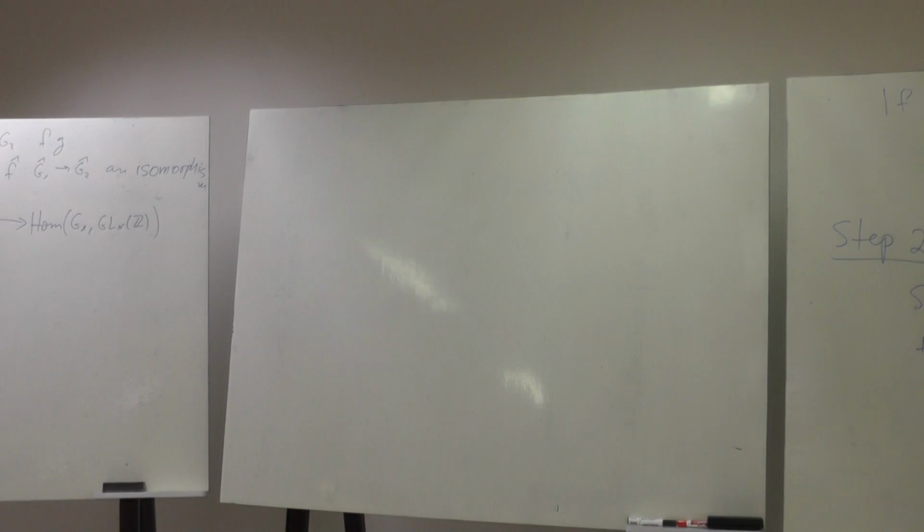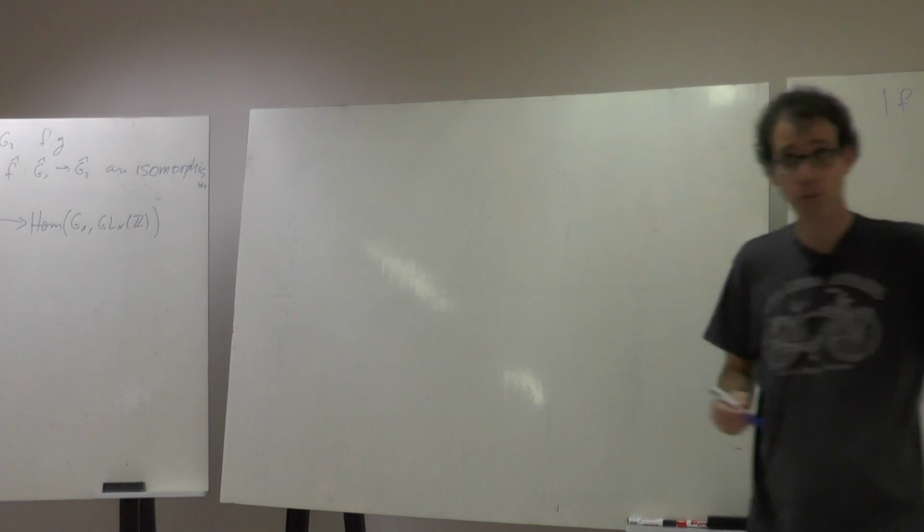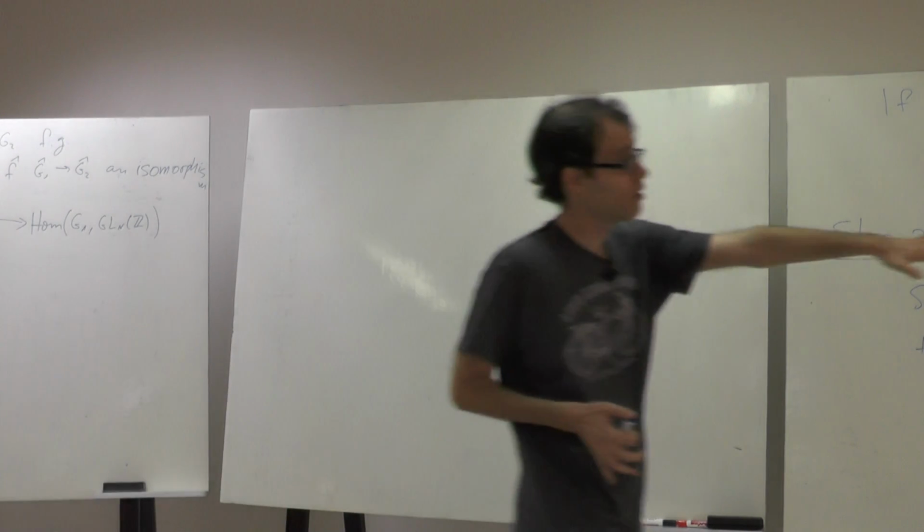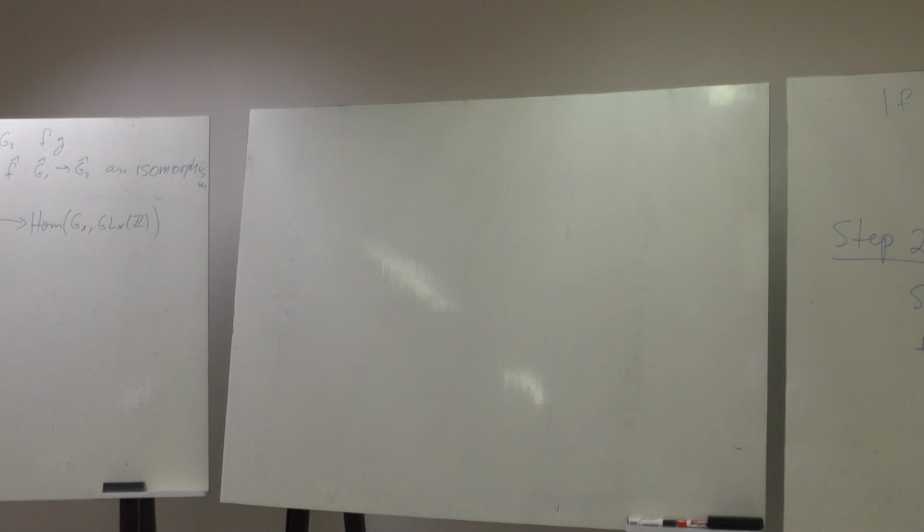Okay, we know the assumption. Okay, we know that there is a homomorphism inducing an isomorphism on the pro-finite completions. In particular, since delta is residually finite, this homomorphism must be an injection, right?